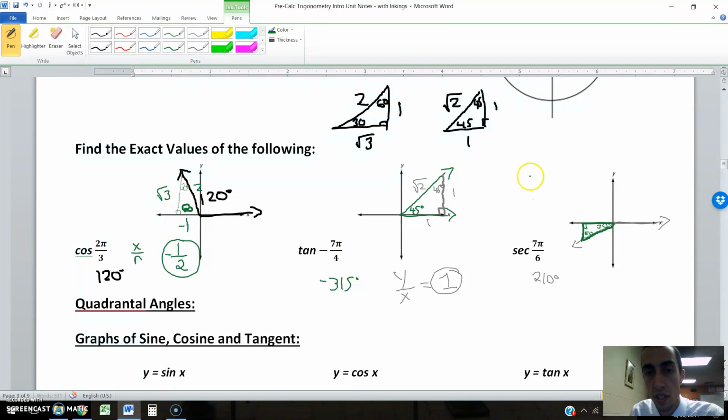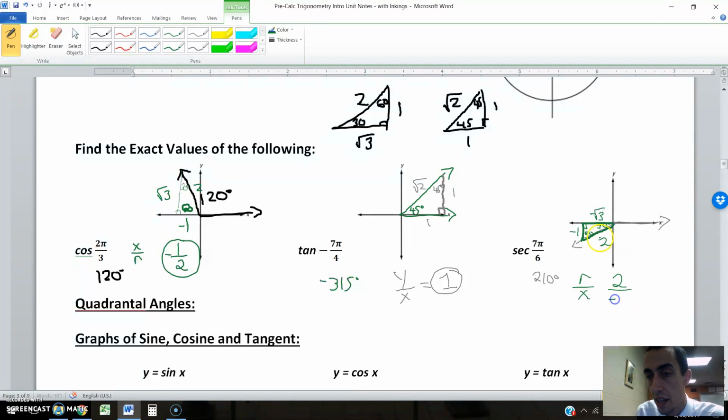So we use the side lengths from our first reference triangle. The y value, since it's going down, is negative. The x value, since it's going left, is also negative. And then the hypotenuse is always positive. Now, secant. Secant is r over x. R is 2.